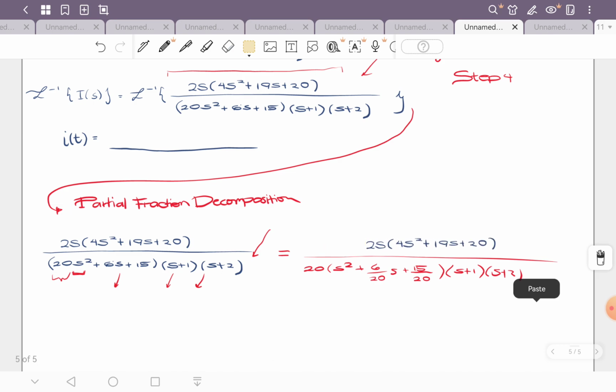Now we can simplify this expression further by taking note that 2s over 20 is s over 10.